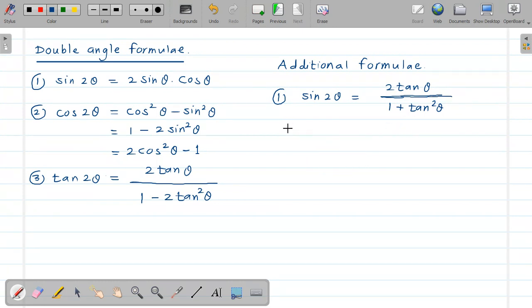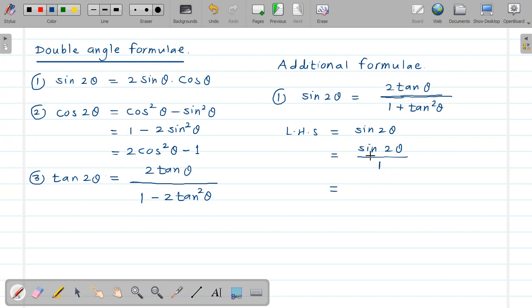Now how will you prove this? For that you take the LHS. LHS is equal to sine 2 theta. Now this sine 2 theta, I will express it as sine 2 theta upon 1. I will give the denominator as 1.